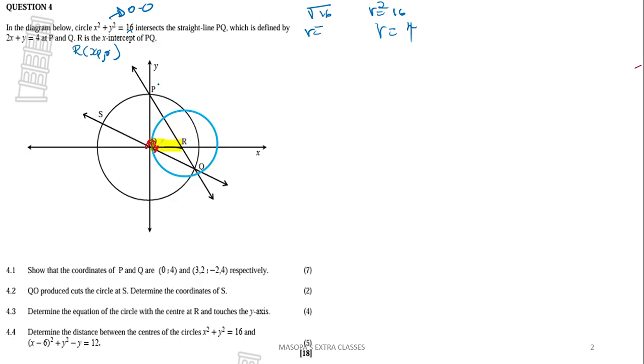So basically P is your y-intercept, where x is equal to 0.